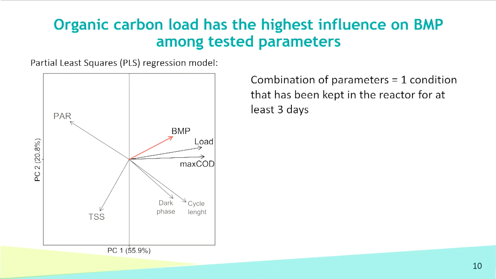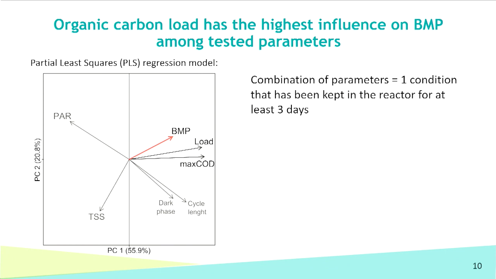So in the partial least square regression, the PLS, we can observe that only the load and the maximum CO2, that by the way I will keep calling just organic load or organic carbon, because they are quite related in a way.